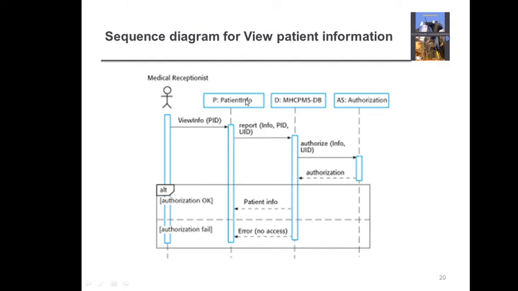Now the information is not present here. Information is present in the database. So further, the request will be forwarded to the database class, requesting a report, and in that report this information is required of PID, that is this patient, by UID, the universal ID of this medical receptionist.